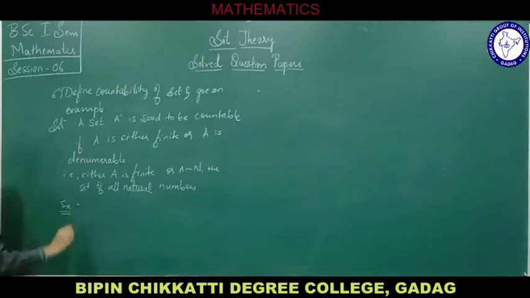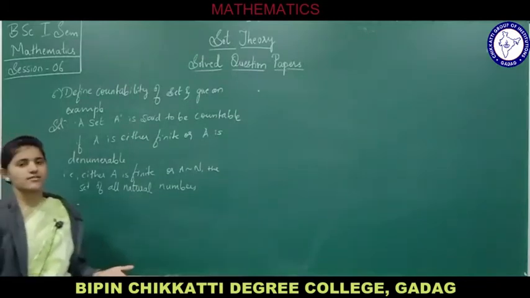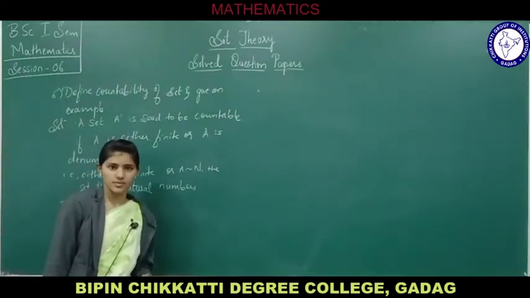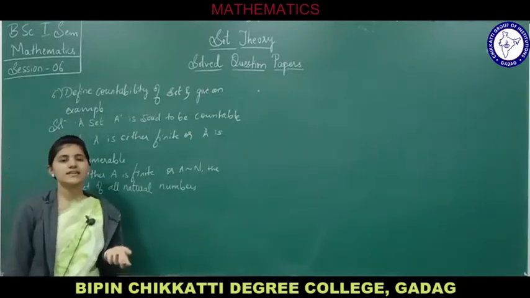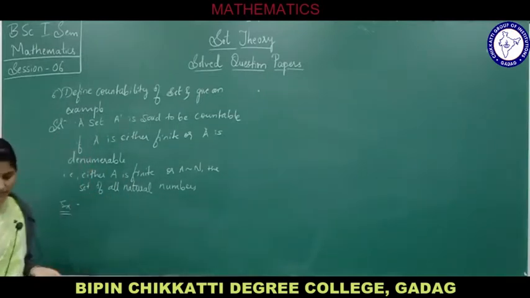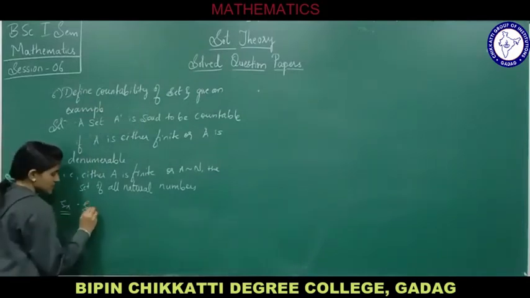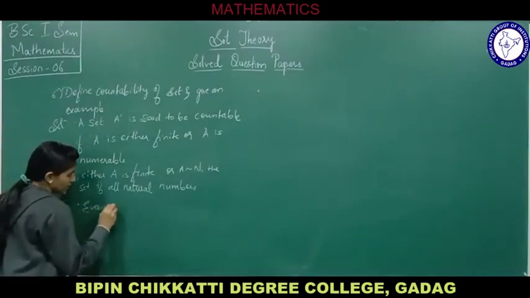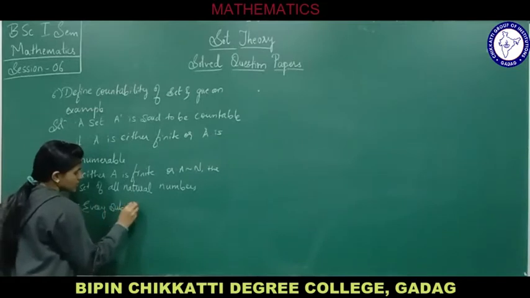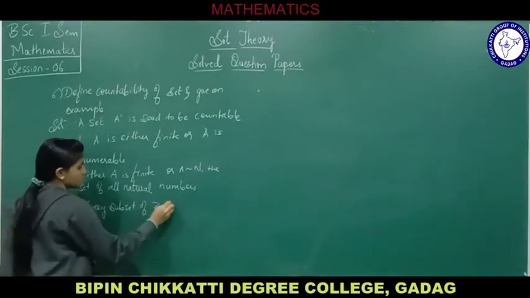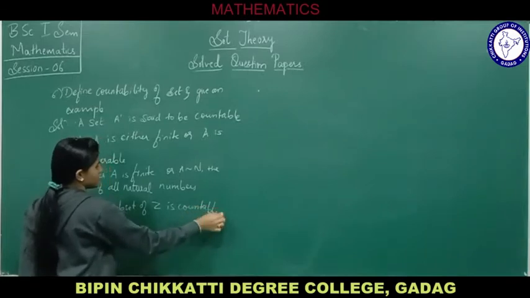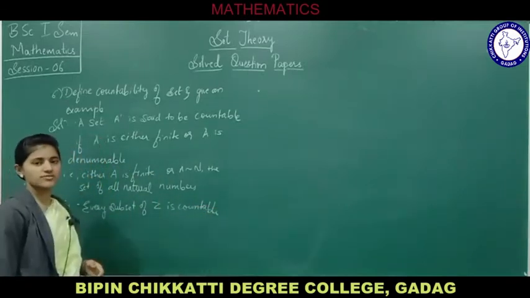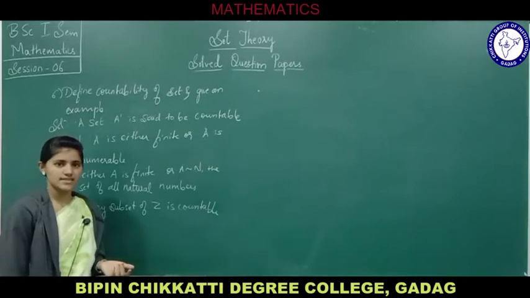Every subset of Z, the integers, is countable. We defined countability of a set and we gave an example.